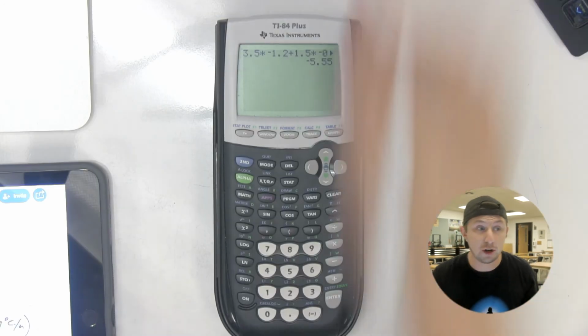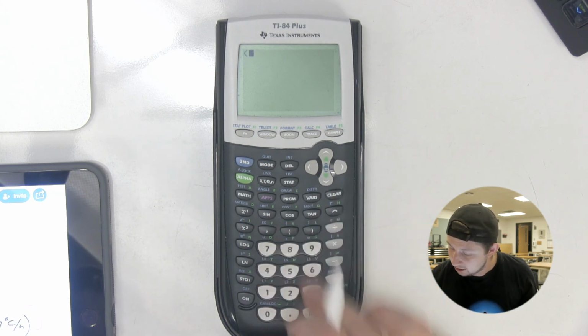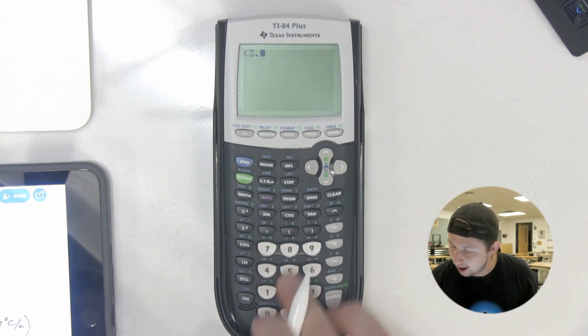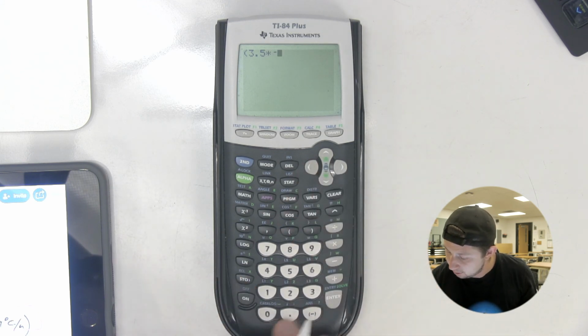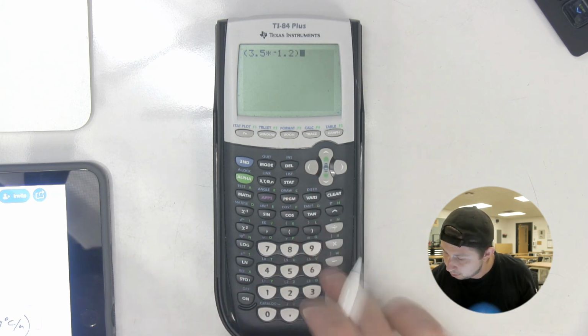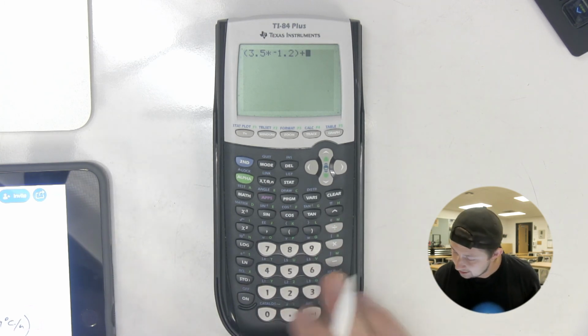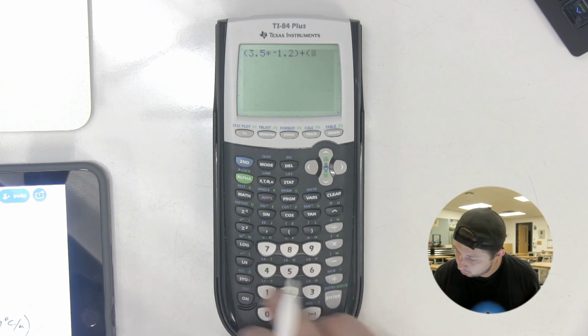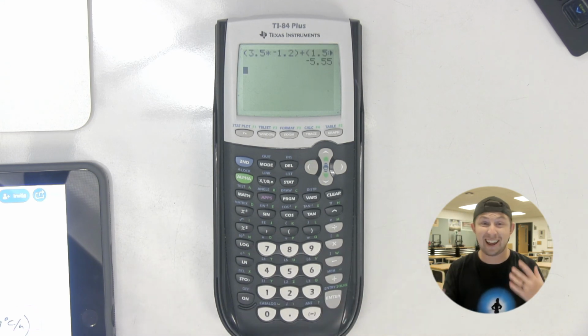You could also on your calculator lay it out this way. 3.5, you could put it in brackets just to make it clear for yourself. 3.5 times negative 1.2, and notice I closed off my brackets there, plus, in brackets, 1.5 times negative 0.9. Notice when I hit enter there, I get the exact same answer.